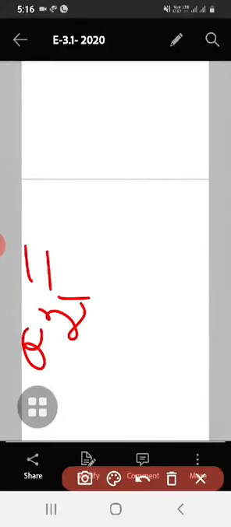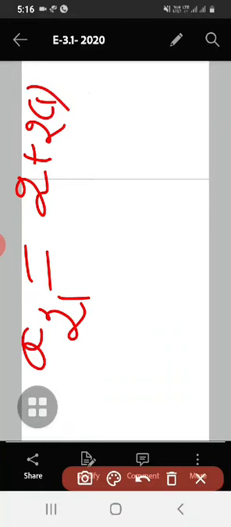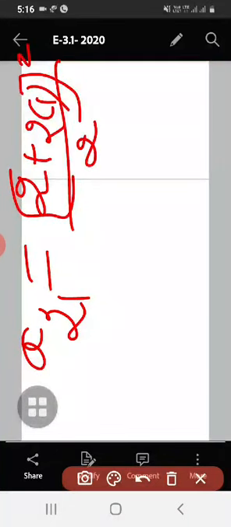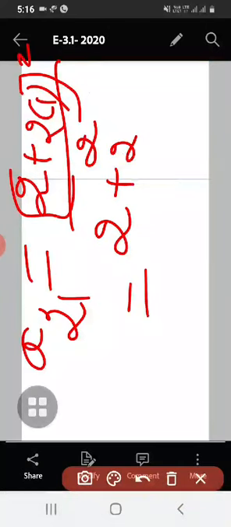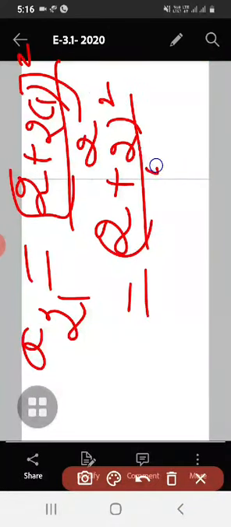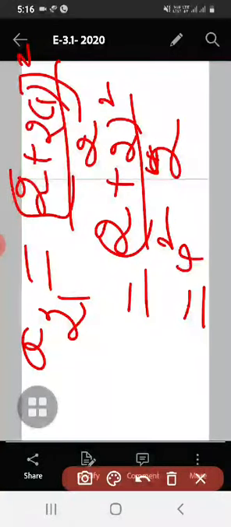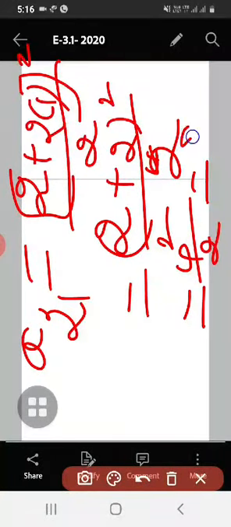A21. So what is this here? i means 2 plus 2j, 2 into 1, whole square divided by 2. So 2 plus 2 ones are 2: (2 plus 2) whole square divided by 2. So 2 plus 2 is 4, 4 square by 2.